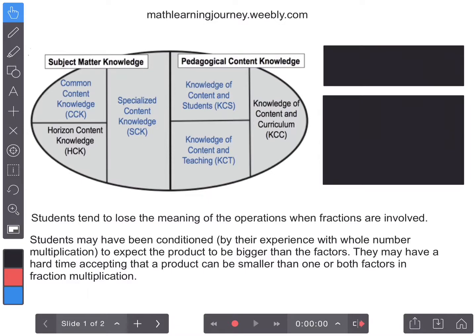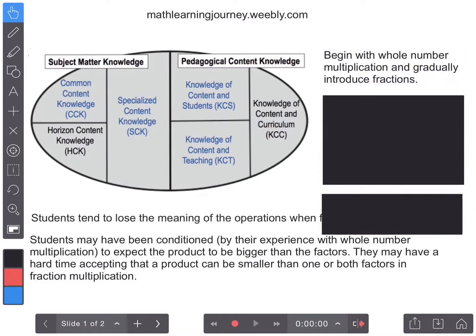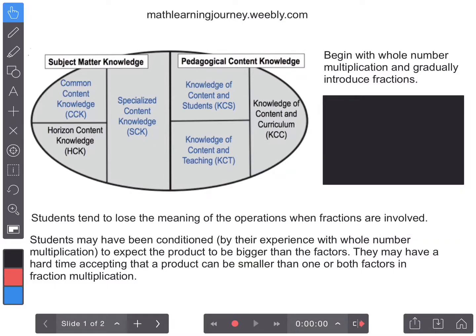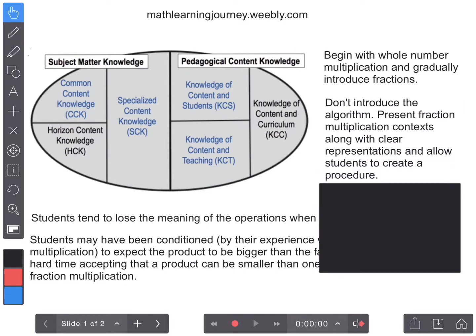A couple of things to keep in mind when we are teaching fraction multiplication. One right here: we want to capitalize on the understanding that students have of whole number multiplication. So we're going to start there with whole number multiplication, talk about what that means and what it looks like, and then gradually introduce fractions, trying to keep that operational meaning intact for the students. The other thing is we're not going to introduce the algorithm.